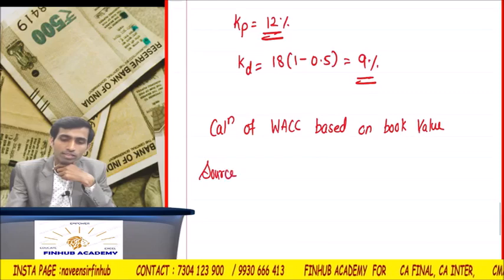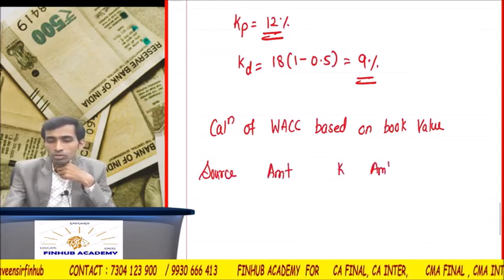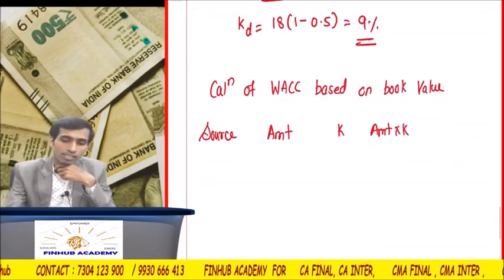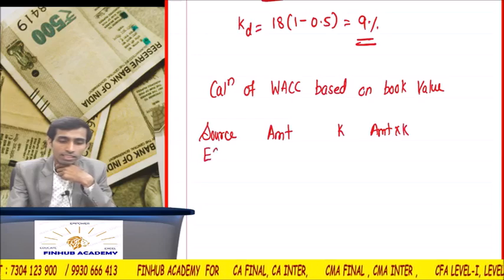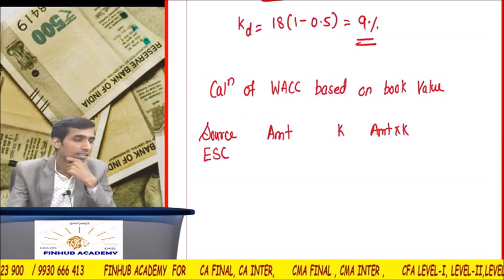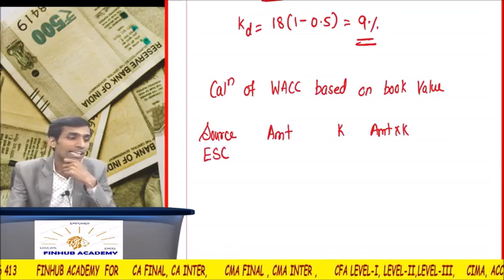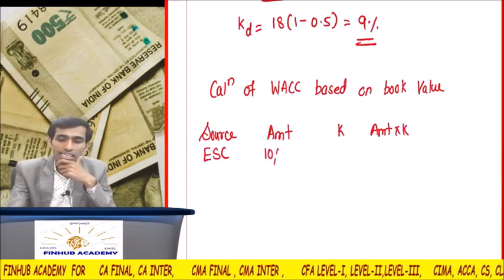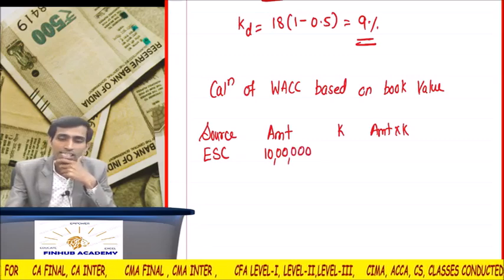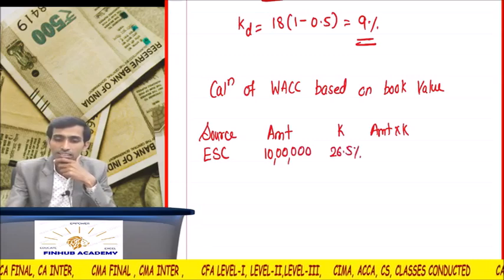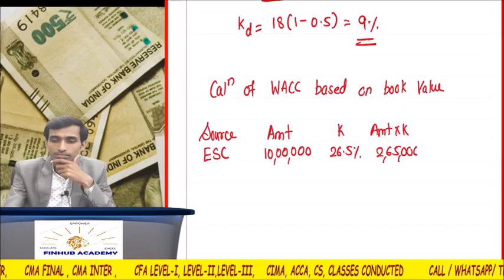Source, amount, K, amount multiplied by K. First is equity share capital. Face value is 100, multiplied by 10,000 is 10 lakhs. KE was 26.5%, so the answer is 2,65,000.